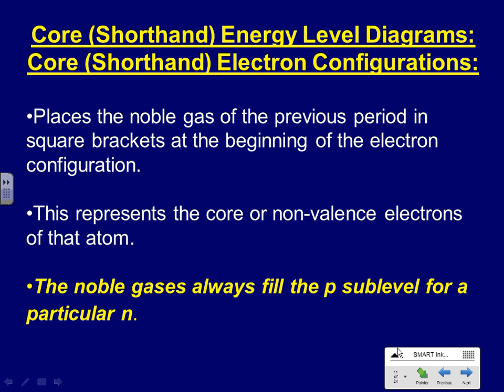Due to the fact that that previous noble gas configuration will always be the same for elements that are larger than it, we don't need to draw that chunk. We can just represent it in brackets.